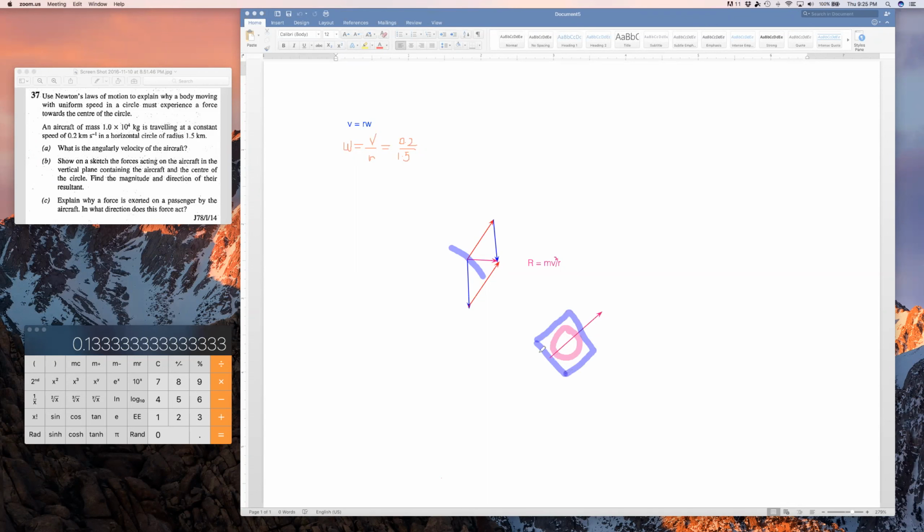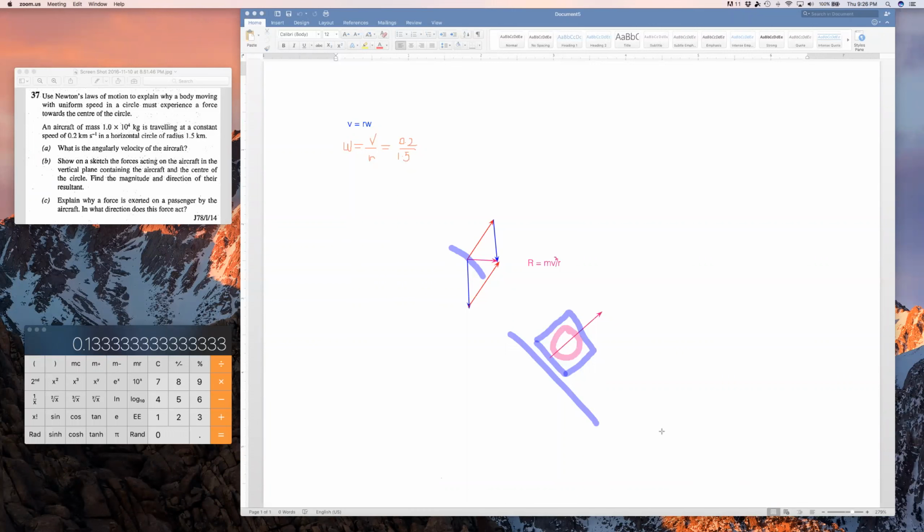The passenger is sitting on the seat. This is the base of the plane. The base of the plane is down here. So the seat is exerting a reaction force on the passenger in this direction. And that reaction force that the seat exerts on the passenger is what provides the passenger with his centripetal force.